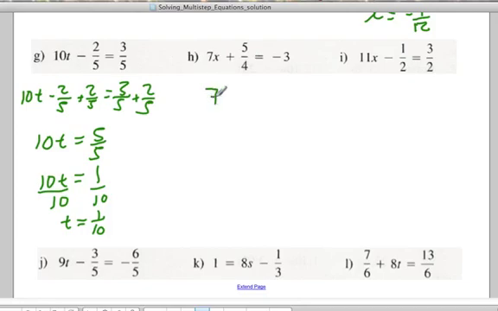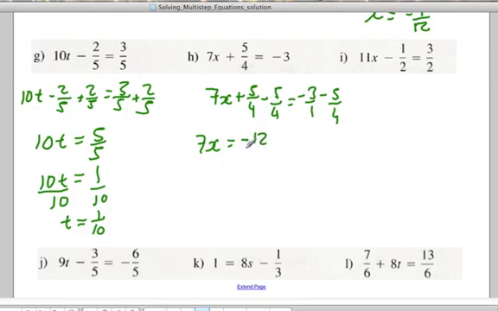Now, here, 7x plus 5/4, subtract 5/4, is equal to negative 3, subtract 5/4. Well, this is negative 3 over 1. And so 7x is equal to, we need a common denominator, so the common denominator is going to be 4.